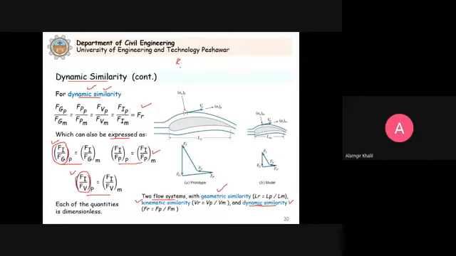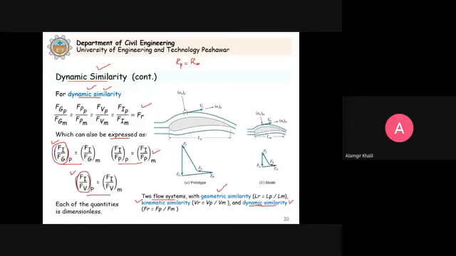If we want to ensure dynamic similarity between the model and the prototype, the Reynolds number in the prototype must be the same as the Reynolds number in the model. This we have to ensure, because then we can say that dynamic similarity exists and we can transfer the results between the two.